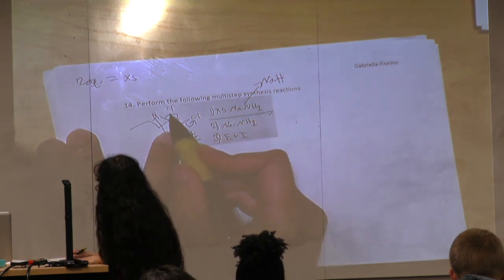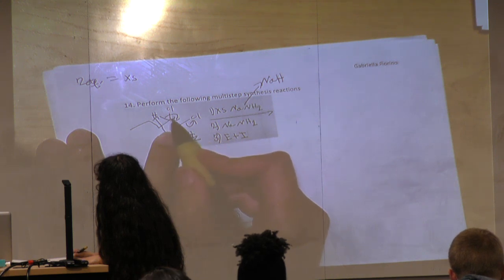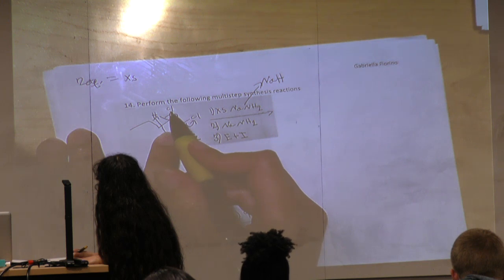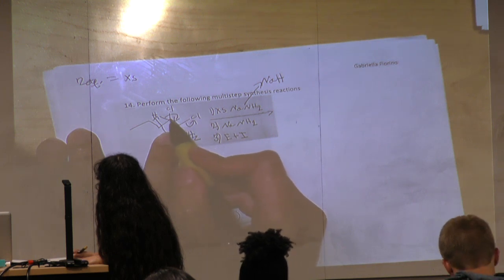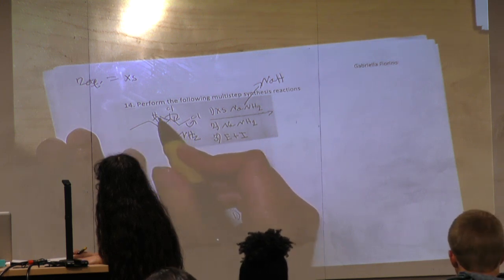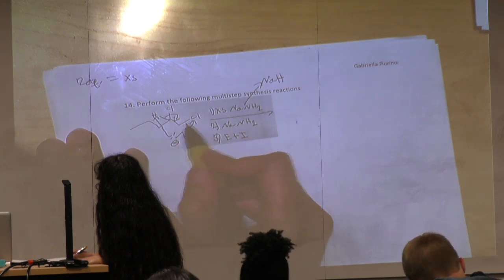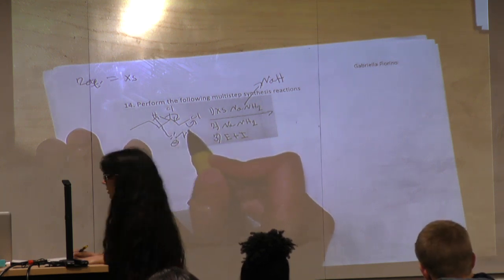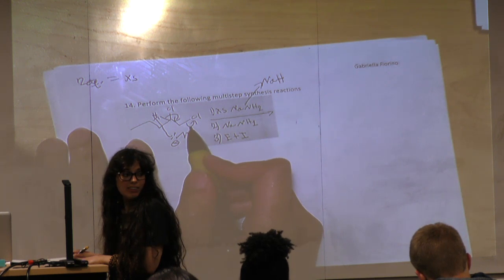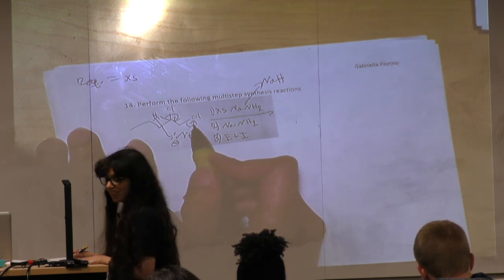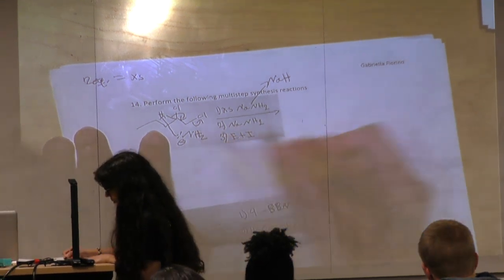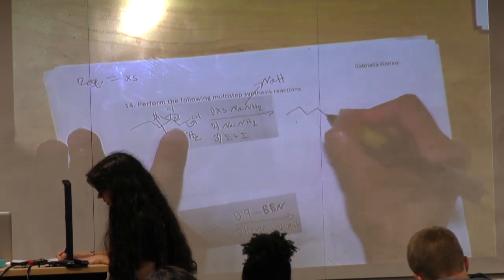Notice I didn't kick off this chlorine, so you can't kick off the same leaving group that is attached to this carbon. So if you're taking this one, you have to go on the adjacent leaving group. Is that confusing or that makes sense? That makes sense? Okay.